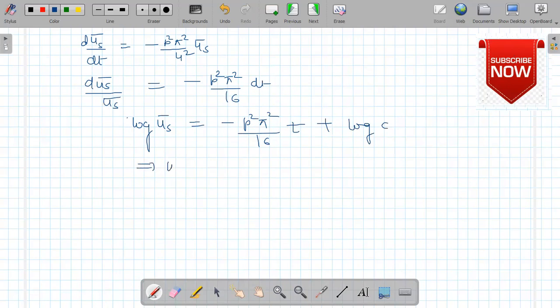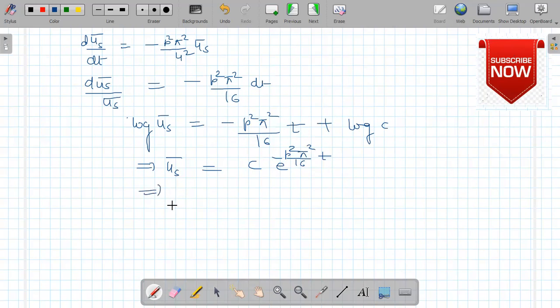This implies us bar is equal to c e to the power minus p square pi square over 16 into t, where c is constant.